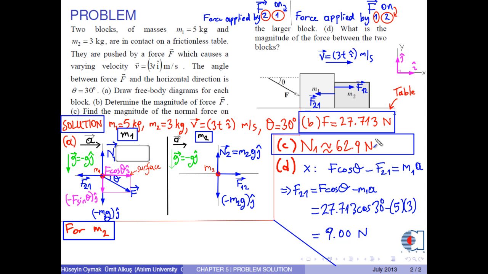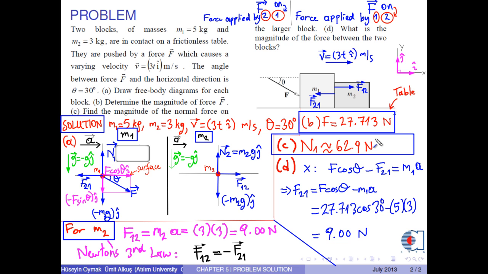Similarly, for block 2, we have F12 equals M2 times a. With the numerical values, it is 9 newtons. Note that F12 equals F21, as stated by Newton's third law.